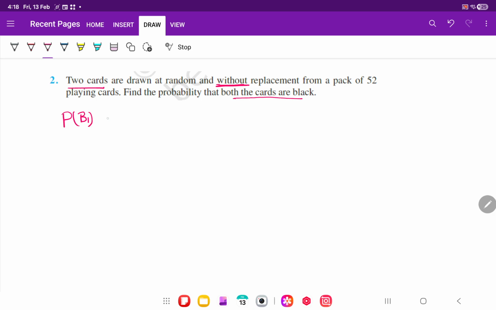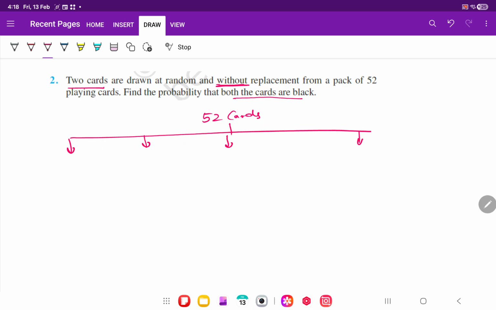Okay? So how many black cards are there? We know out of 52, there are total how many black cards? Let me explain a little bit of basics about cards. Out of 52 cards, we have 4 suits. All of you write down.